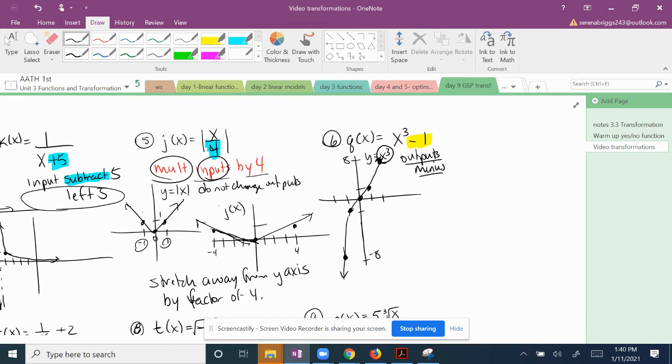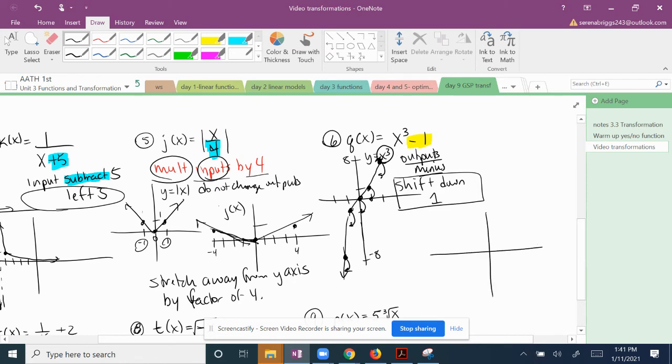It says take 1 away from the outputs. So that means I'm in effect going to shift the graph down 1. Because this output's going to change down, this output's going to change down, this one down, that one down, and that one down.